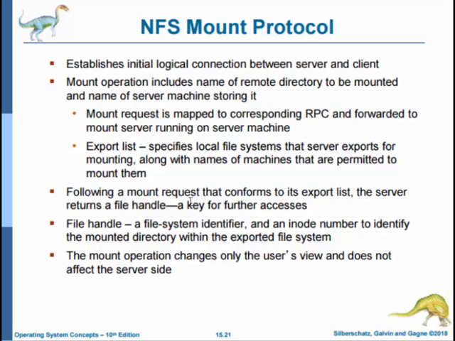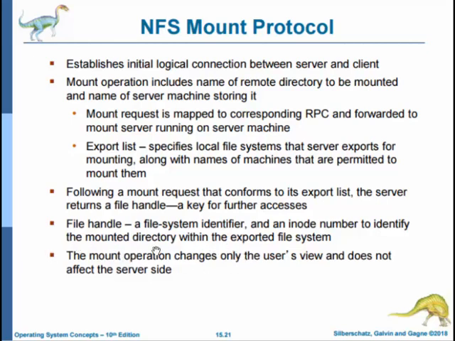Now, when the server receives a mount request that conforms to its export list, the server returns a file handle, and this file handle serves as a key for further access to any files within the mounted file system. The file handle contains all the information that the server needs to distinguish an individual file it stores.